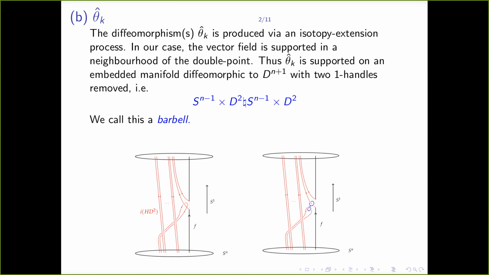Now, once it's a disk, you can lift that family of embeddings to a family of diffeomorphisms of S1 cross Dn and of S1 cross Sn, and those diffeomorphisms agree with the original embedding in that tubular neighborhood of the embedded S1.